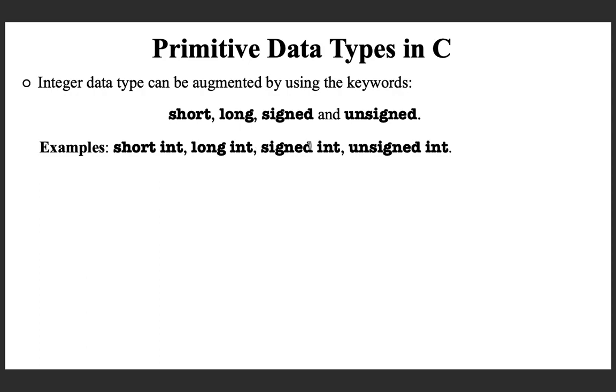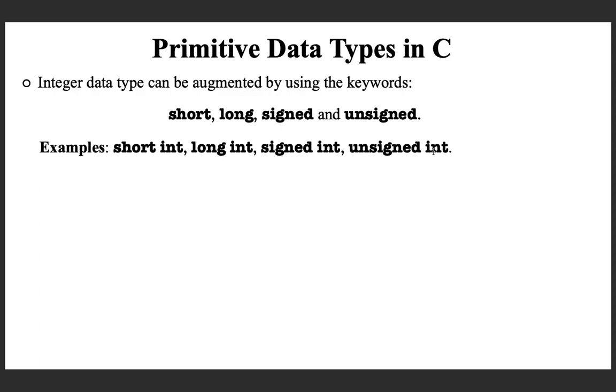Or you can say signed or unsigned. When it is signed, 1 bit will be reserved for representing the sign. So only n minus 1 bits will be used for representing the value. That is the difference between signed and unsigned. For example, suppose you have 2 bytes for integer, and unsigned means all the 16 bits can be used to represent numbers.